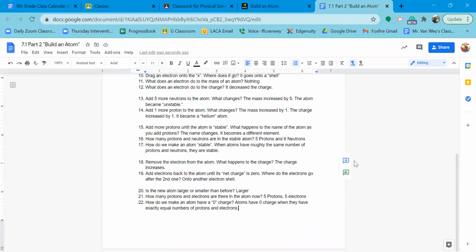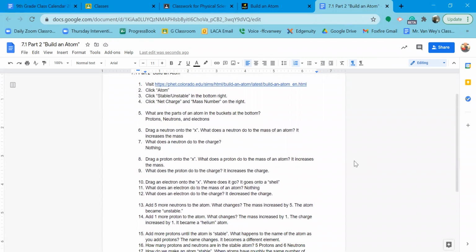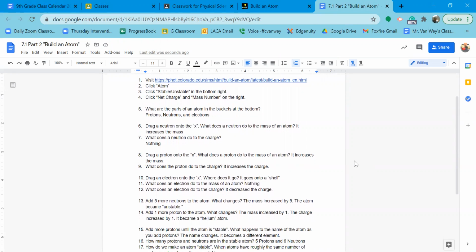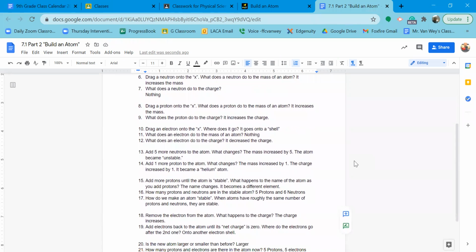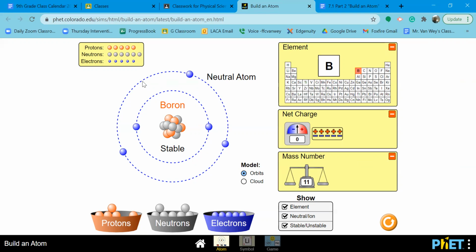Okay. So now we know that atoms are made of protons, neutrons, and electrons. Neutrons have mass but no charge. Protons have a mass and a positive charge. Electrons are on the outside of the atom in shells. They have almost no mass, but they have a negative charge.